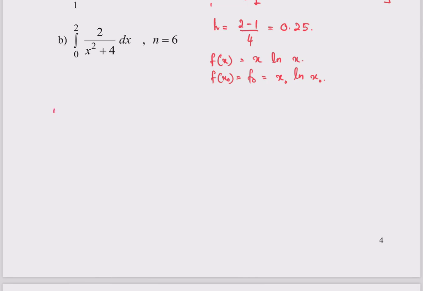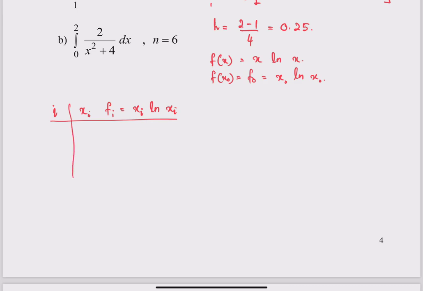Here is your xi, and here is your fi equal to xi ln xi.